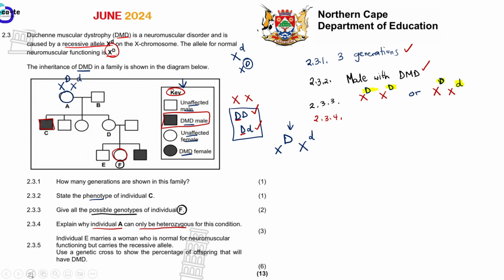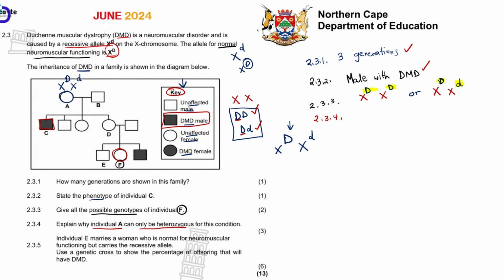Let's first explain the dominant allele. What valid reason can we give that this female has a dominant allele? In this case, the female is normal, and according to the statement, the allele for normal neuromuscular function is X with a capital letter D, a dominant allele on the X chromosome.